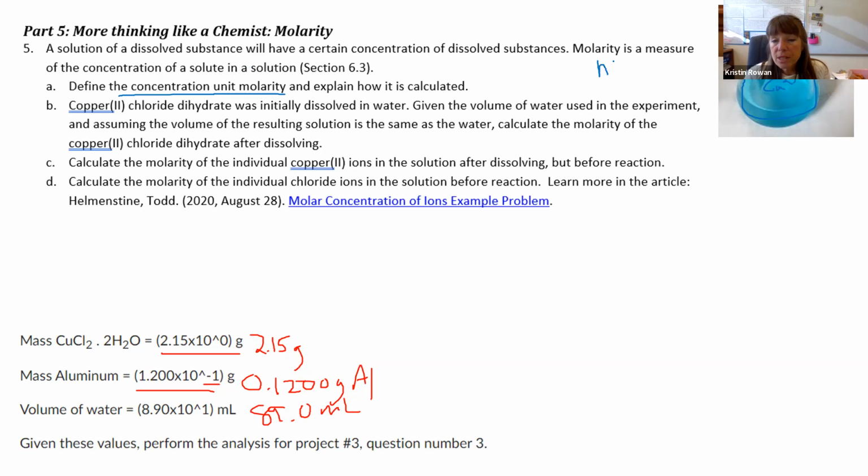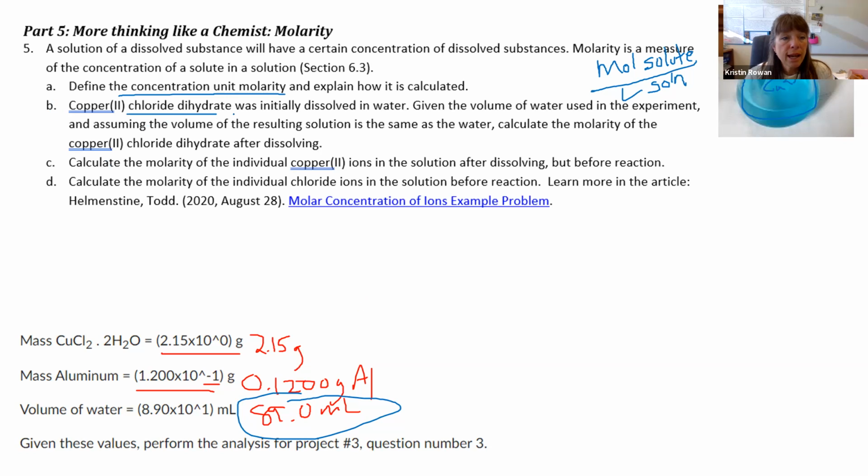So molarity is moles per liter. Moles of what? Solute per liter of what? Solution. So when I take my 89 milliliters, like down here, and I do all this stuff to it, we're going to assume that 89 milliliters has stayed 89 milliliters, and that's my 89 milliliters of solution, which is 0.089 liters of solution. So we want to keep that in mind.